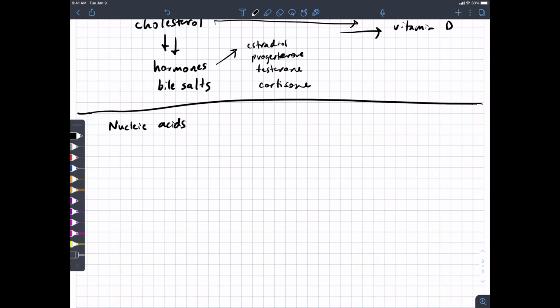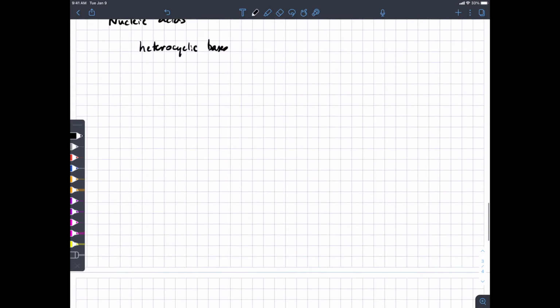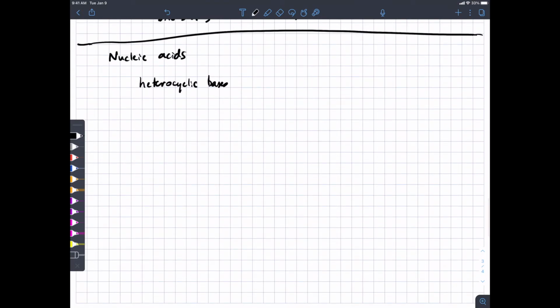Okay, so first thing you need to know is the structure of the bases. Your text calls them heterocyclic bases, and these are the parts that are involved in hydrogen bonding and recognition. So we're going to draw each of them. There are two kinds of bases.